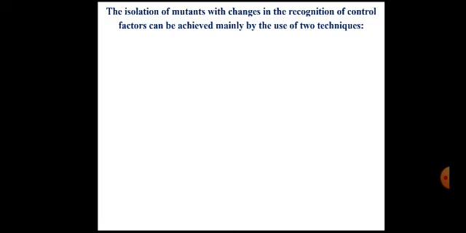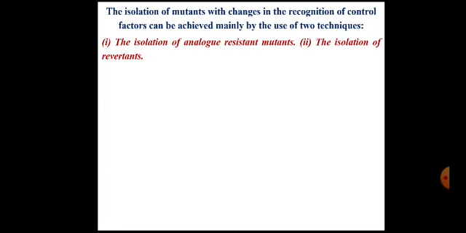The isolation of mutants with changes in the recognition of control factors can be achieved by two types of techniques. First one is the isolation of analog resistant mutants, and second one is isolation of revertant mutants.